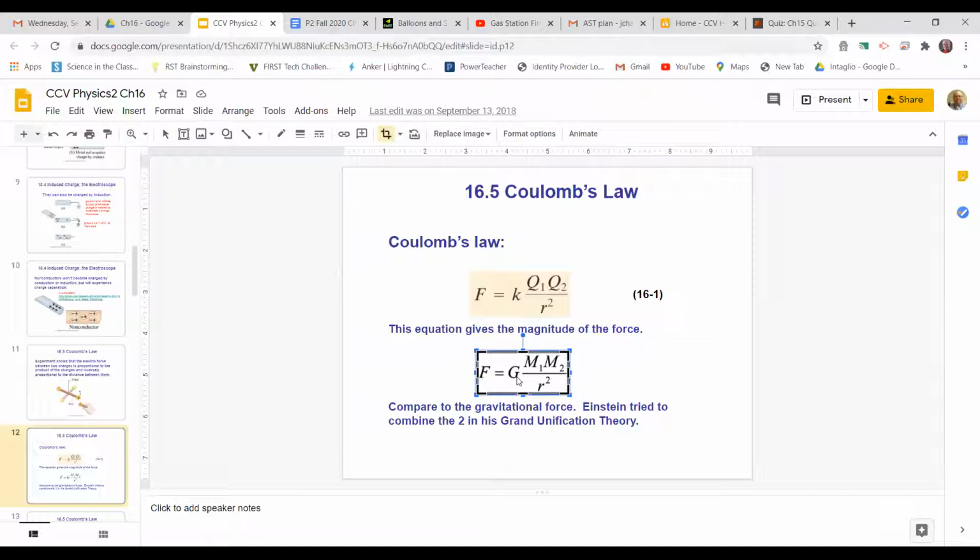In physics 1, we kind of called it matter, but now in physics 2, we're a little more sophisticated. We're considering the very, very small. Matter doesn't really exist by itself. It's made up of atoms and molecules. But we knew that already. So gravity is super weak, k is very strong.